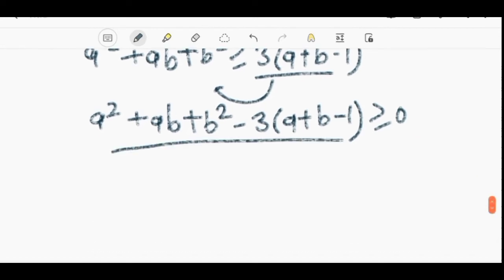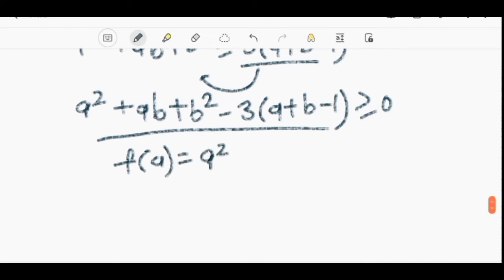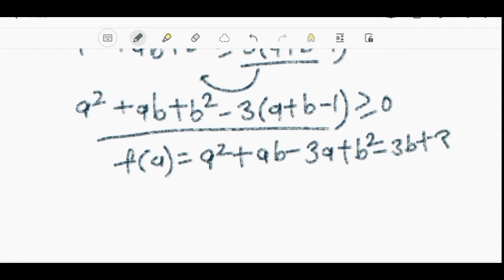And now I'm going to consider this as a function f of a, a function in terms of a. So a squared plus ab minus 3a plus b squared minus 3b plus 3.